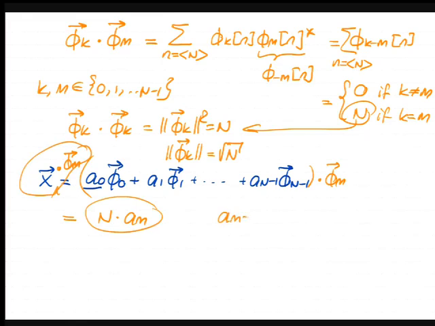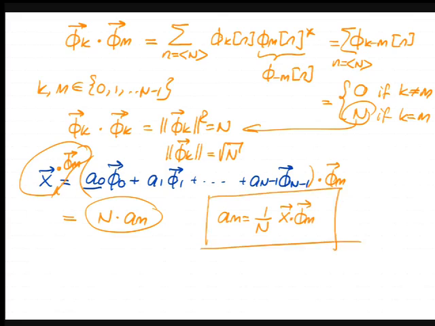So am is simply 1 over n times the inner product of x with phi m. That is the analysis equation that we derived. Remember I told you multiply it with phi negative m, sum over blah, blah, blah. All of that is really doing this.